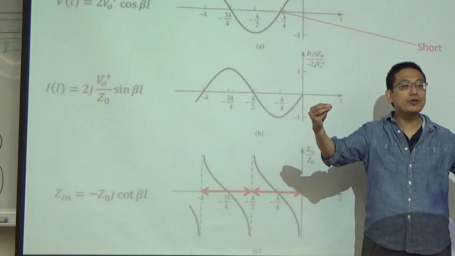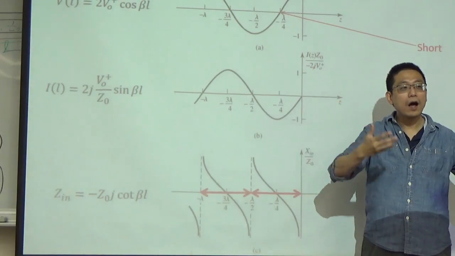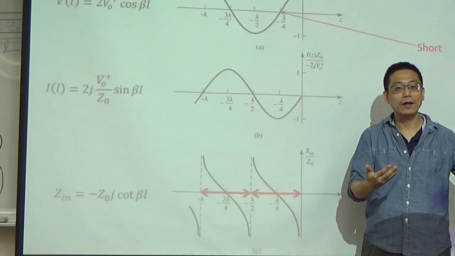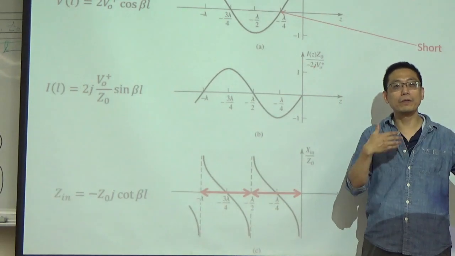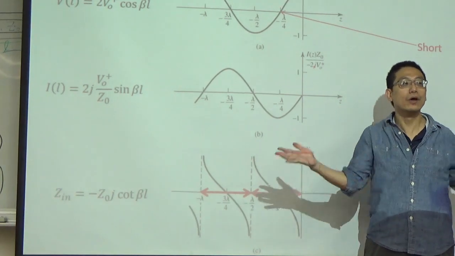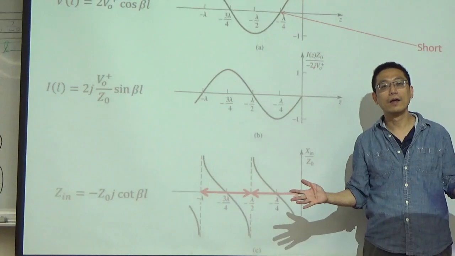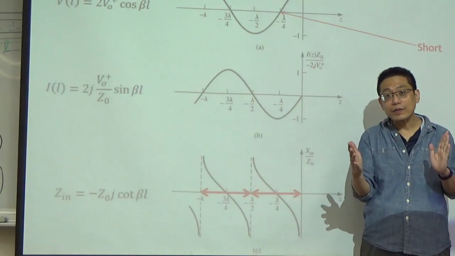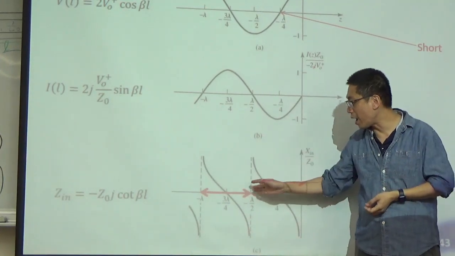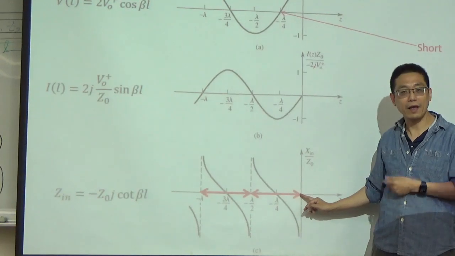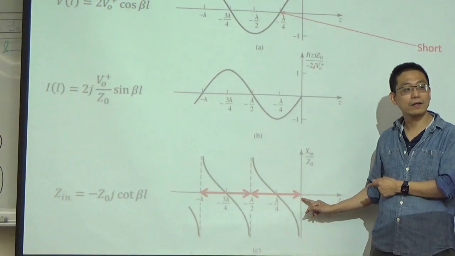If the transmission line is a half-wave transmission line, you will regard it like there is no transmission line. It will be the same impedance as what happened at the beginning, okay?